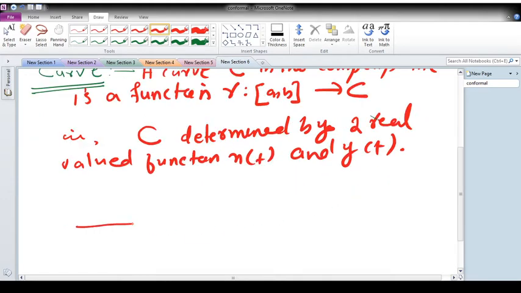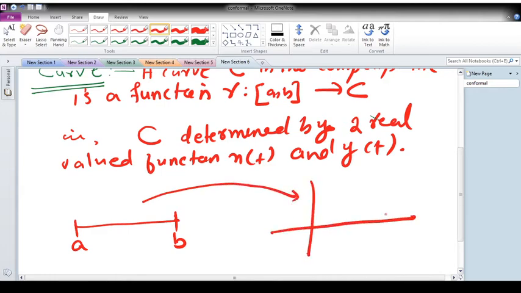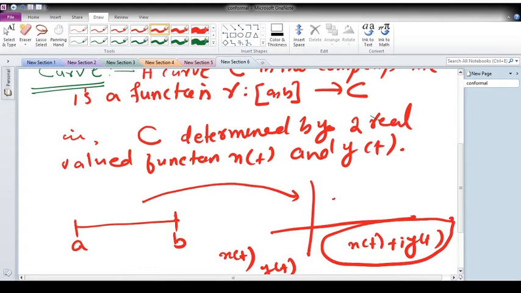We have an interval a to b, not a line, an interval a to b, mapping to the complex plane C, to some x of t and y of t. Here x of t is a function and y of t is also a function. So x of t plus i y of t is a complex function.